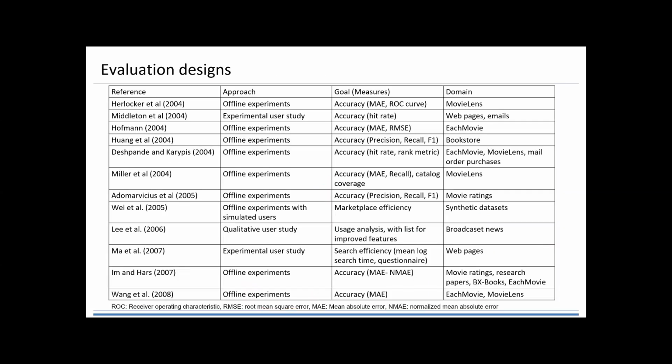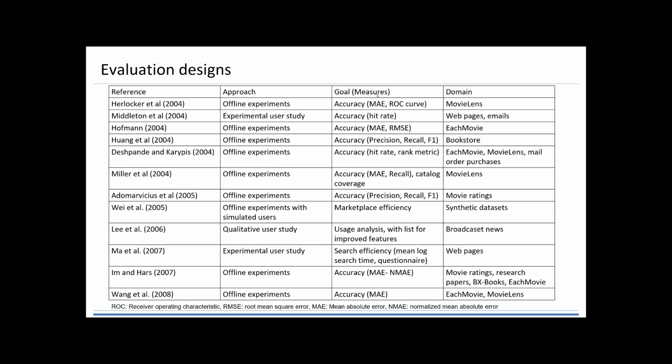So there are many evaluation designs available. If you look at this evaluation design, you can see that this research used an offline experiment and used accuracy, MAE, ROC, and the domain is MovieLens. In this research, Middleton in 2004, it is related to web pages and emails. And for this research, it is related to the EachMovie dataset and so on.